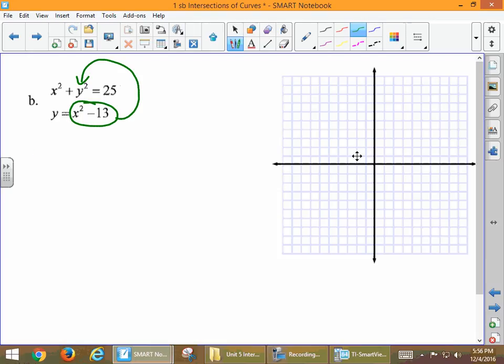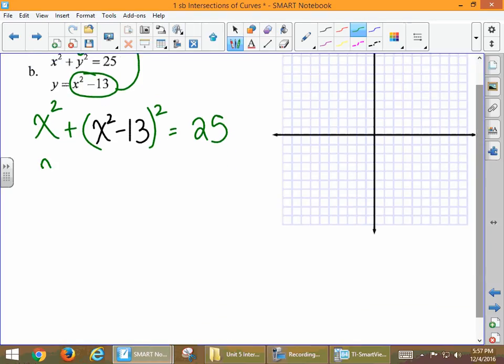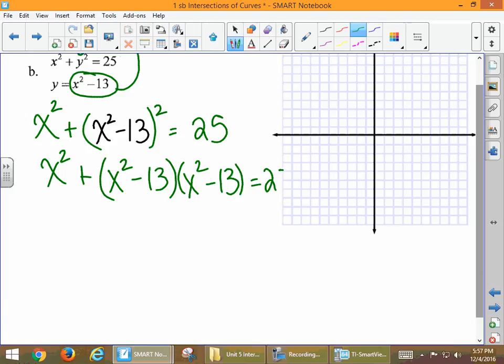So this is going to be x squared plus, instead of writing y, we're going to write x squared minus 13 squared equals 25. Now remember, squared means times itself. So it's going to be x squared plus x squared minus 13 times x squared minus 13 equals 25.